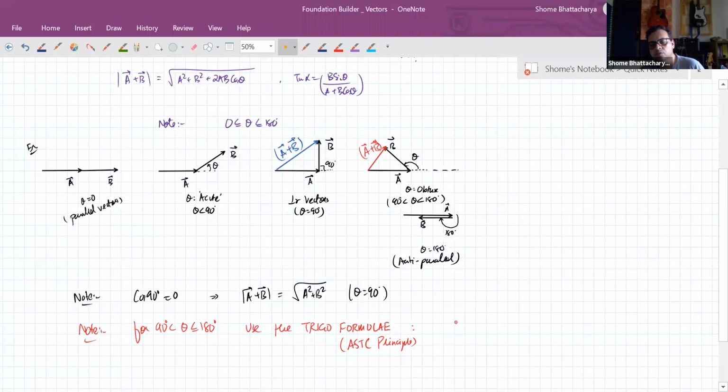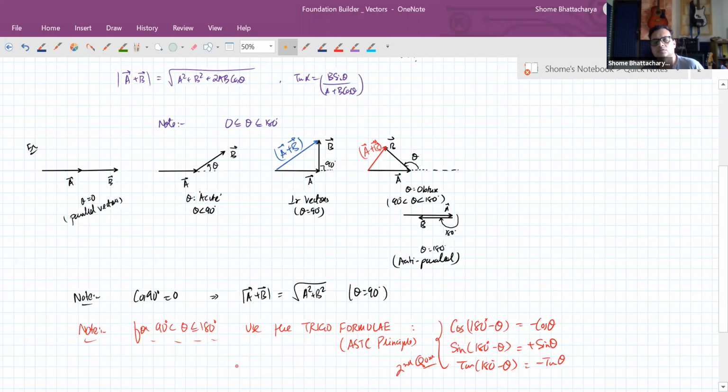So we use that cos of 180 minus theta is equal to minus cos theta. Sine of 180 minus theta is positive sine theta, whereas tan of 180 minus theta is minus tan theta. So these are the formulae that we use in the second quadrant, that is when theta is obtuse.